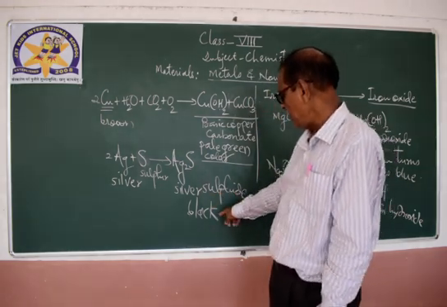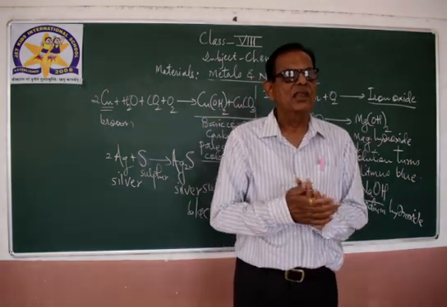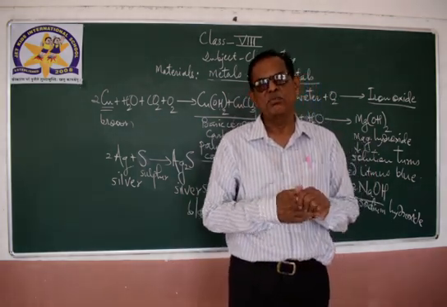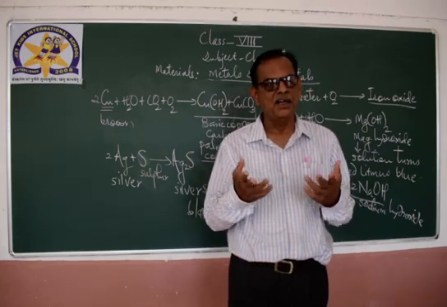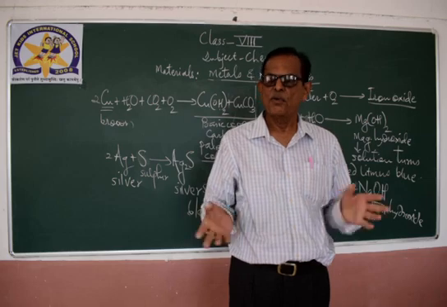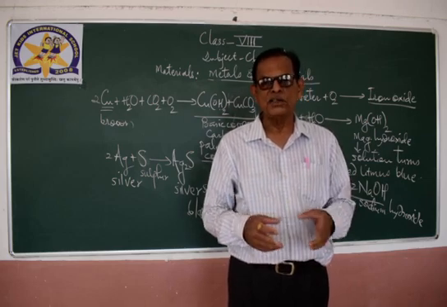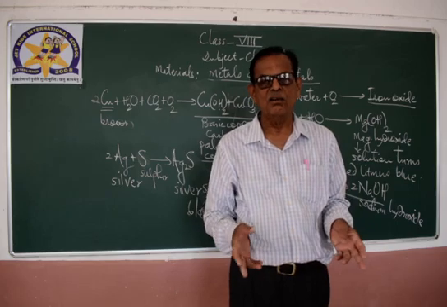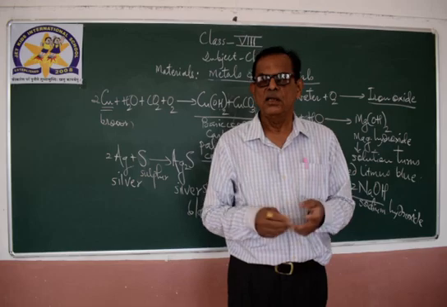Silver sulfide is black in color, and in this way there is rusting of the metal, and we have studied that metals when heated with oxygen form their oxide. The metals, when they come in contact with moisture, oxygen, etc., with the atmospheric gases, form their oxide.